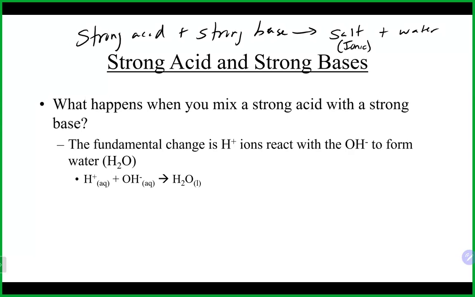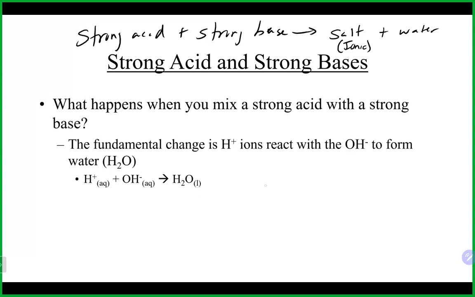So you could take any strong acid and strong base combination you like, and pretty much what you're making is essentially water, which is why this is sometimes referred to as an acid-base neutralization reaction, because ultimately what you're making is water. And water, as you remember, again, is one of the three reasons why a reaction takes place. So the formation here of water is why this reaction is taking place.